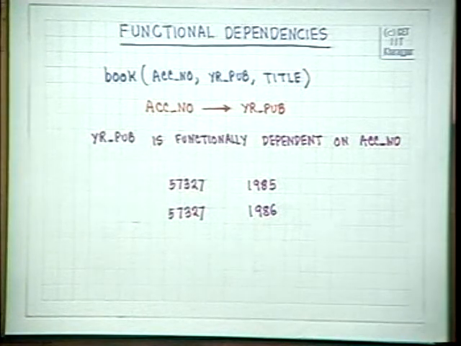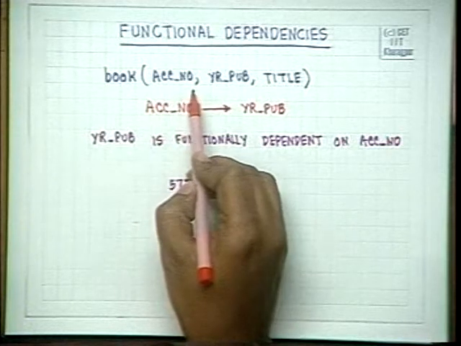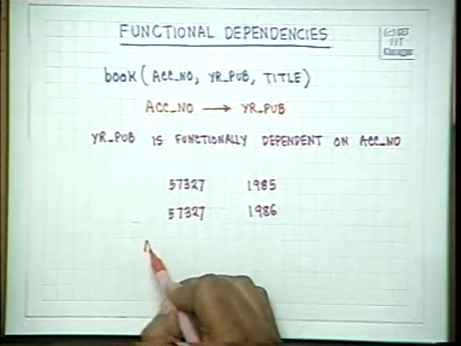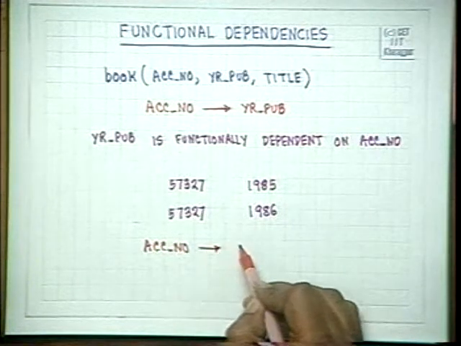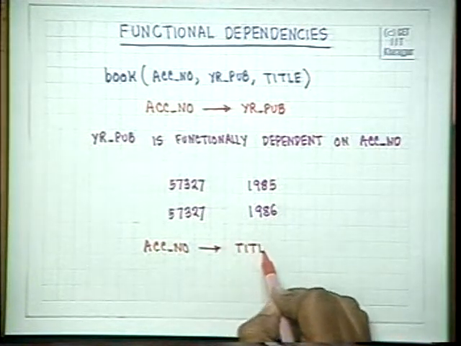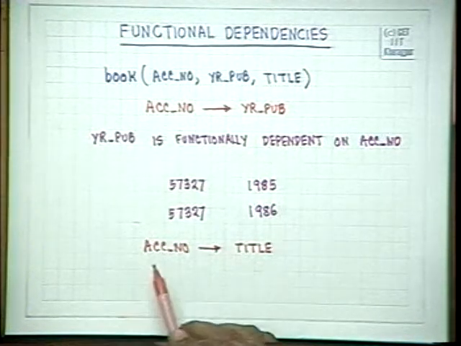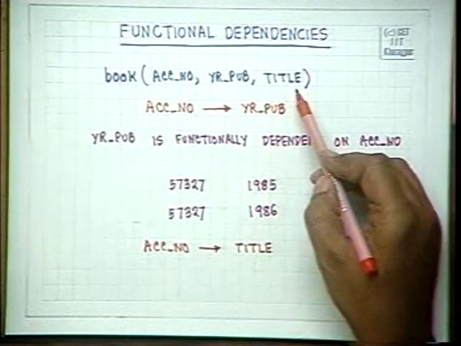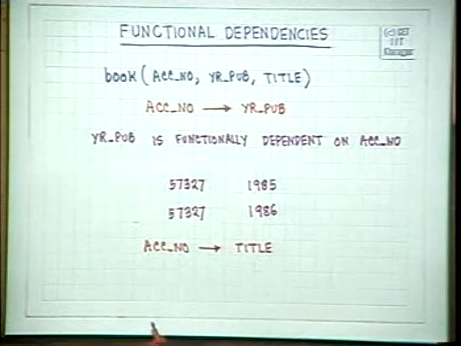And in this particular case, since accession number is a primary key, we also have this relationship, which means that no two books which have the same accession number can have different titles.